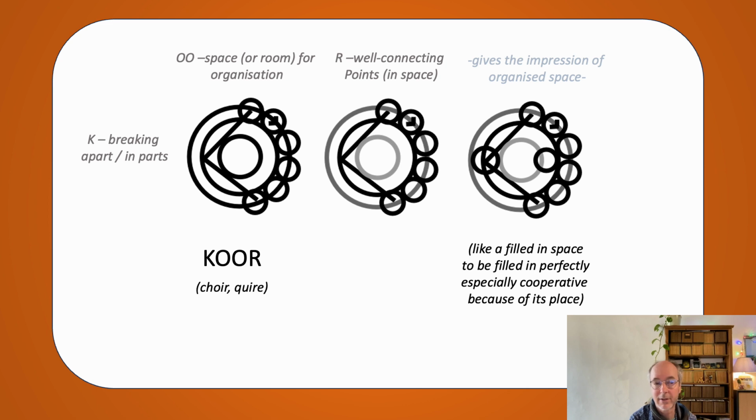And this gives the impression that it is about organized space. A choir is not organized space, but I will show you that it is connected with a space. That's how I perceive it here in this schedule already, that I see a cooperative vision here, only because of its placement.